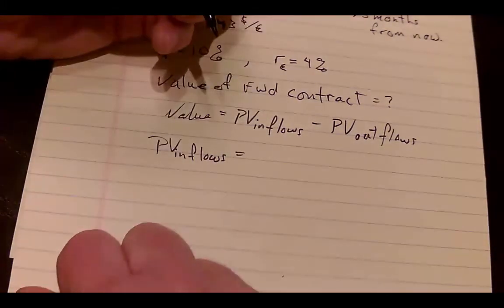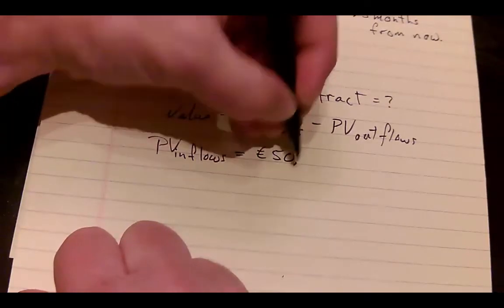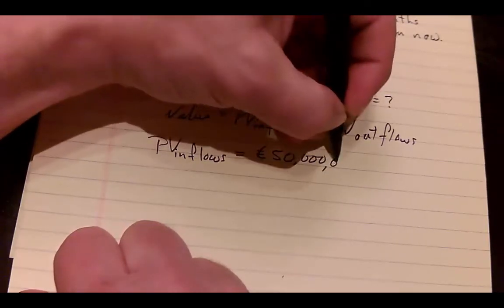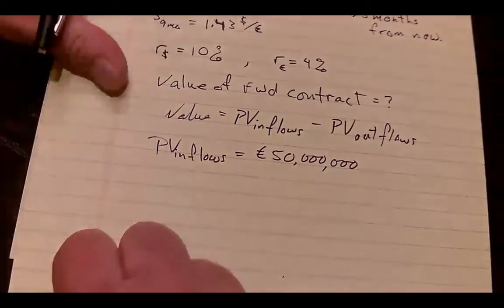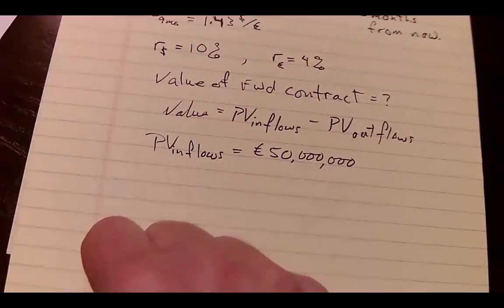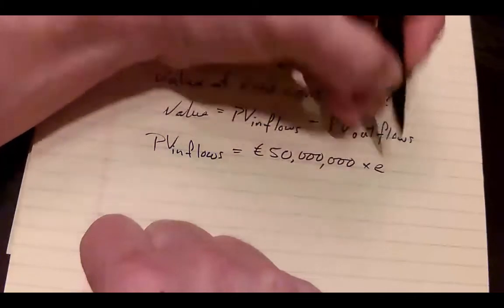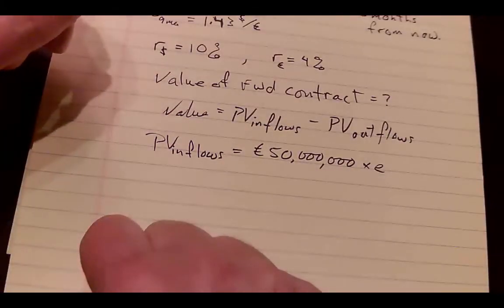That would be 50 million euros, which we will receive on the delivery day, 3 months from now. So to find its present value today, we have to discount it by 3 months. We can do that using continuous compounding, or you could just divide by 1 plus the periodic rate.